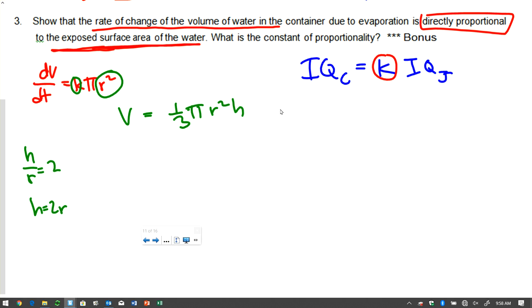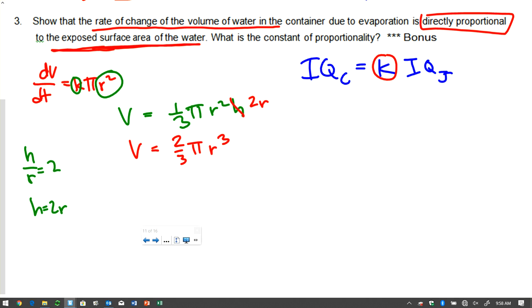So instead of h, we're going to replace that with 2r. We're going to change everything to r's instead of h's. So now what I have is 1/3, or really 2/3 πr cubed.